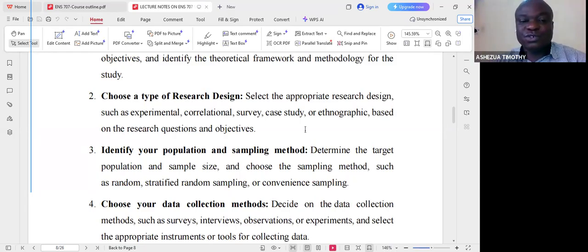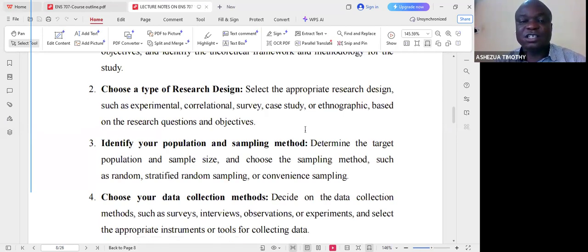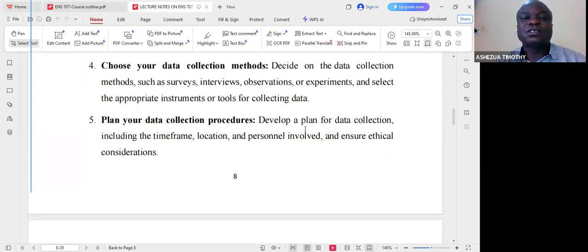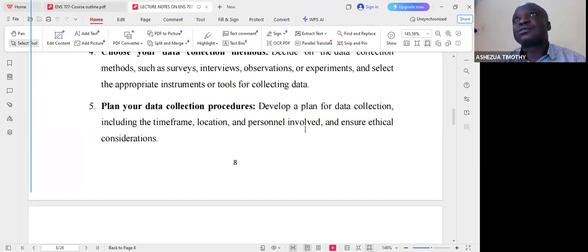Then next, you choose your data collection method. Decide on the data collection methods such as survey, interviews, observation, or experiment, and select an appropriate instrument or tool for collecting the data. Then plan your data collection procedure.